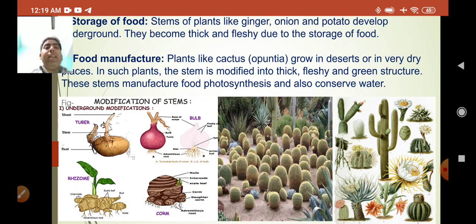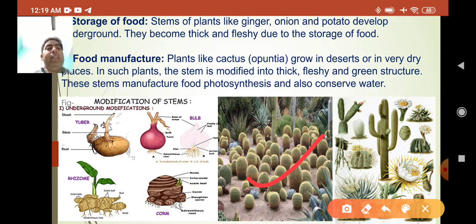The plants like cactus, these are called opuntia. Okay, these are the cactus. They grow in deserts or in very dry places in which the temperature is very high. In such plants the stem is modified into a thick, fleshy, and green structure.